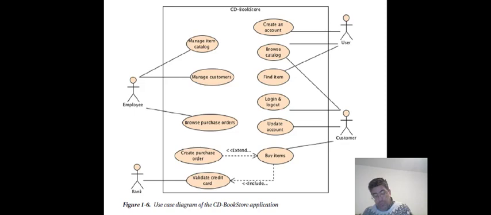The use case diagram in Figure 1.6 describes the system actors and functionality. The actors interacting with the system are employees of the company, who need to manage both the catalog of items and customers' details.